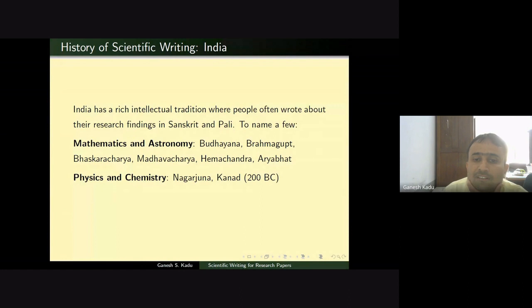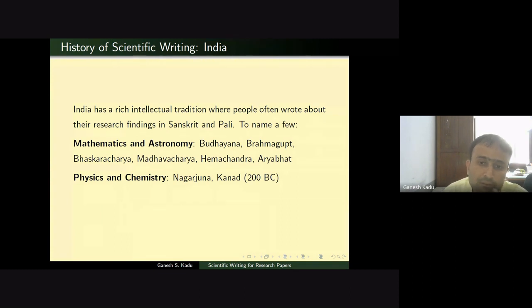In physics and chemistry, you have Nagarjuna, who was a great Buddhist scholar, philosopher and scientist, and you have Kanath, who lived somewhere between 600 BC and 200 BC, and he proposed some ideas.